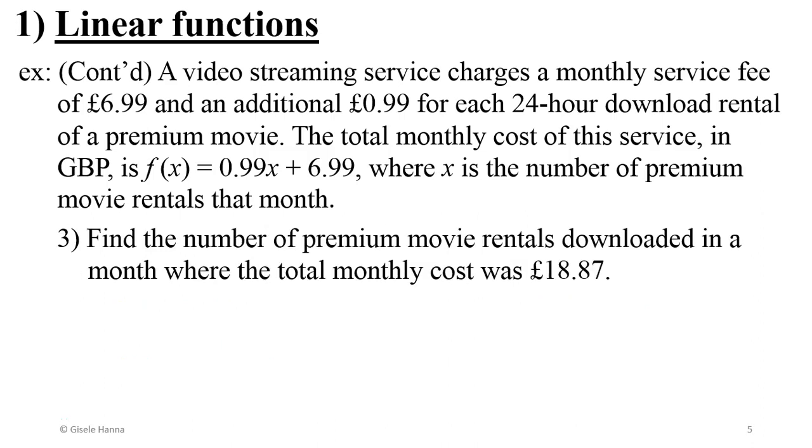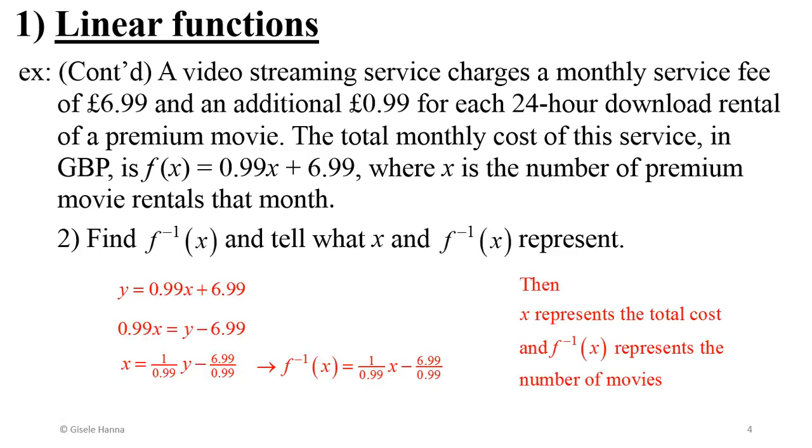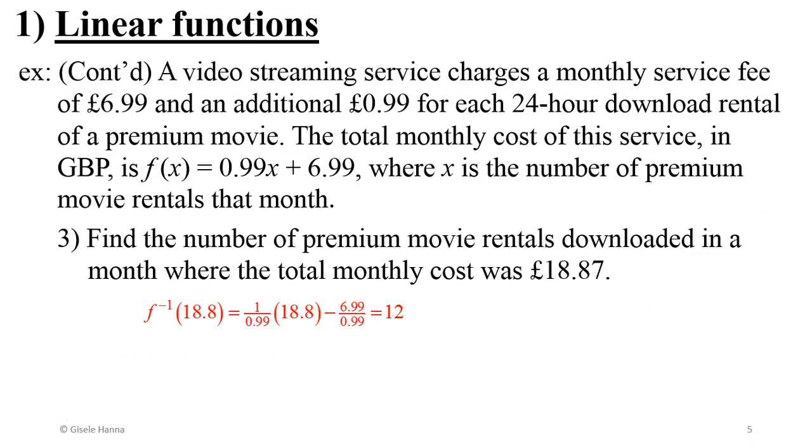Which leads us to the third question that says, find the number of premium movie rentals downloaded in a month where the total monthly cost was 18.87. In f inverse, we said that f inverse represents the number of movies and x represents the total cost. So in the expression of the inverse function, the total cost 18.87 is in fact x, the independent variable.